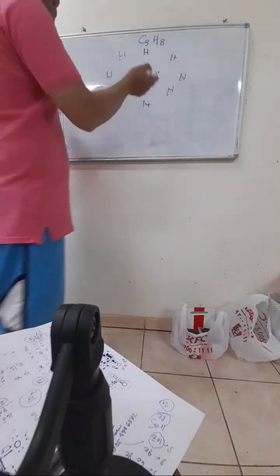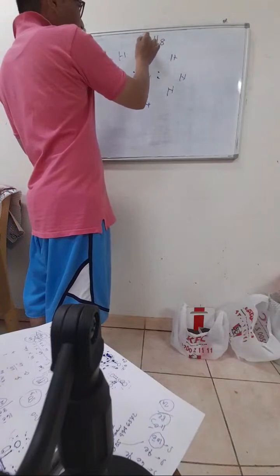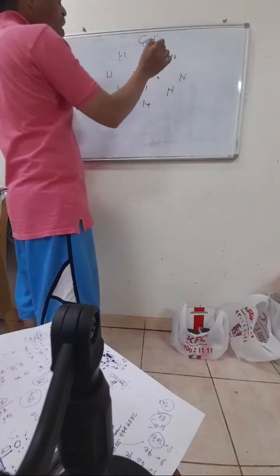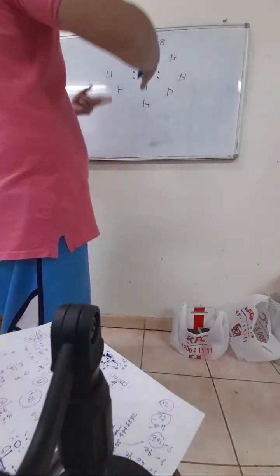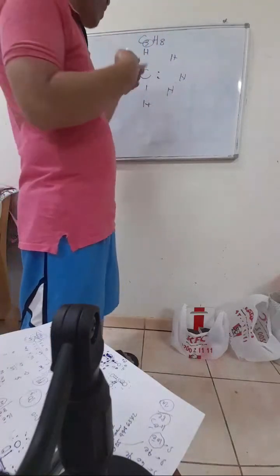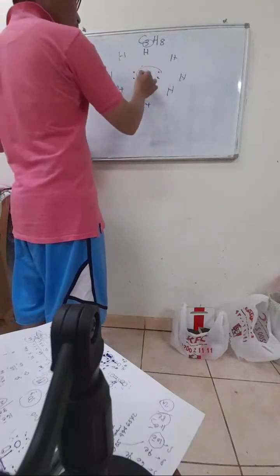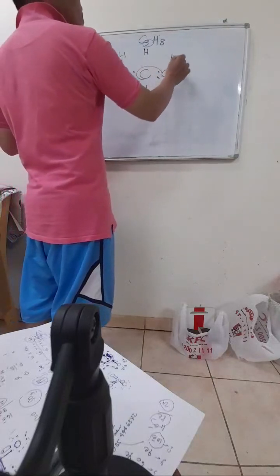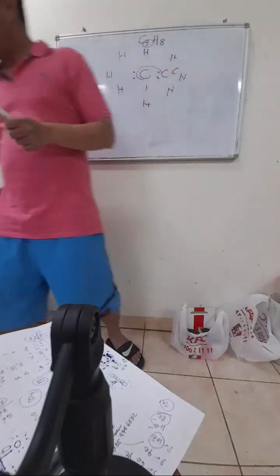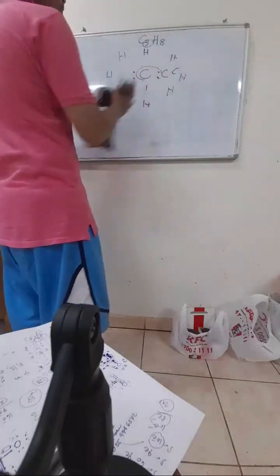Now, since there is a subscript 3 on carbon, it is equal to having 3 carbon atoms in the center, so you need to add another carbon. Let me explain in another way. I started with the very basic, that's why.